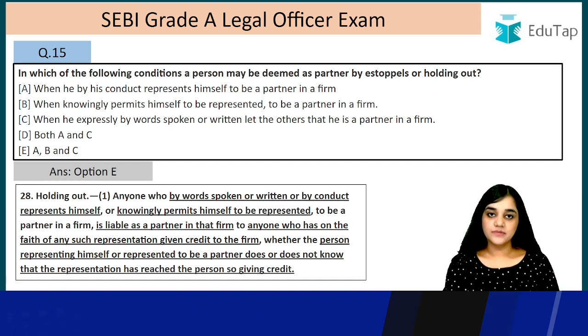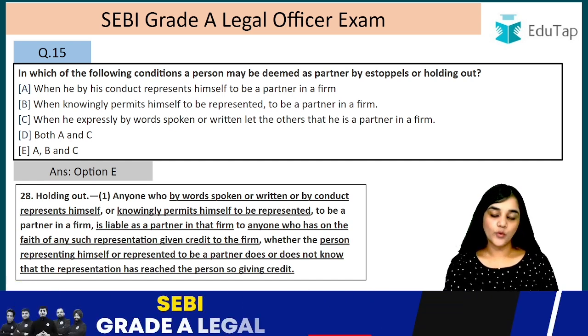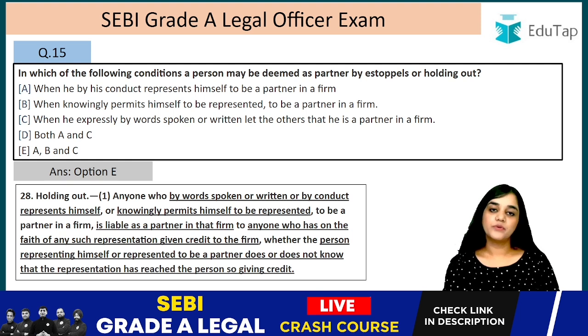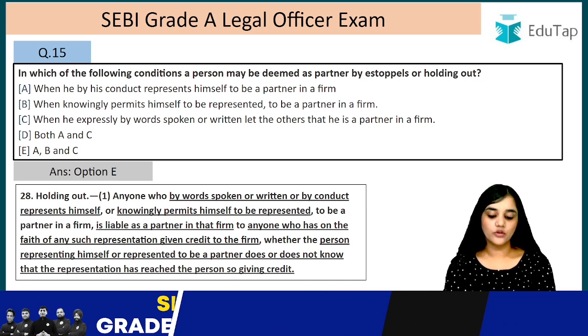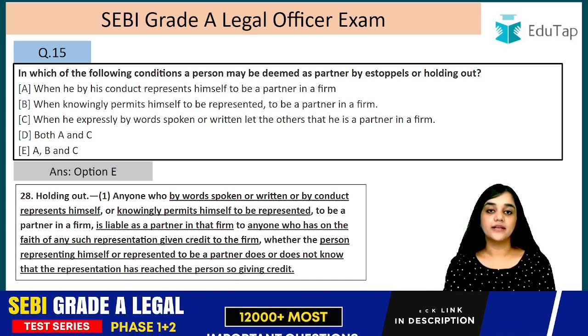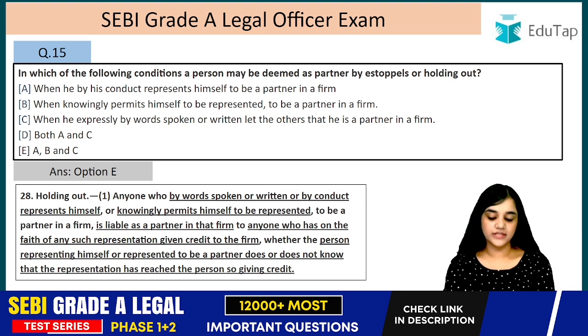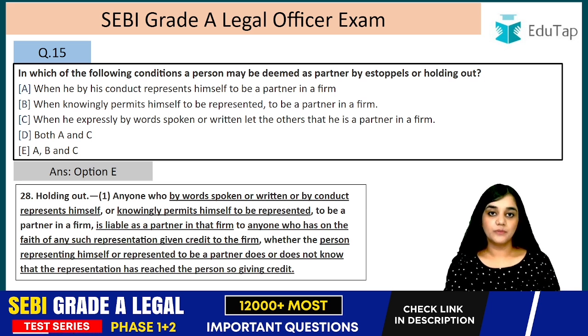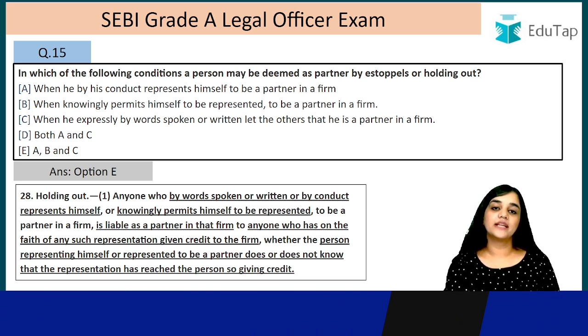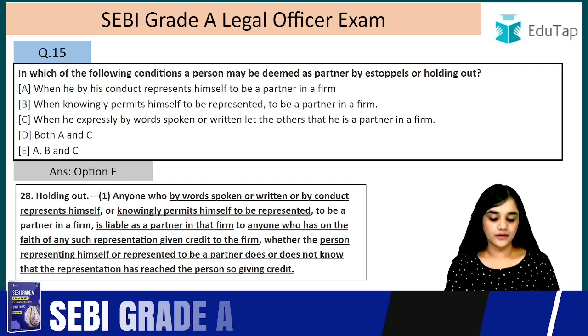Either he is doing it himself or he is permitting someone, saying okay, you represent me as the partner, he is liable as the partner in the firm to anyone who has, on the faith of such representation, given credit to the firm. Then he cannot deny it later on that I was not a partner, right?